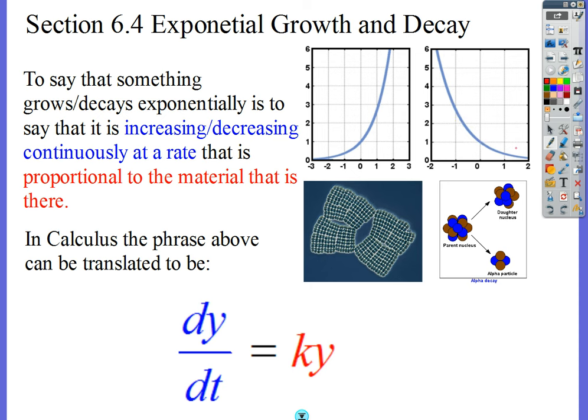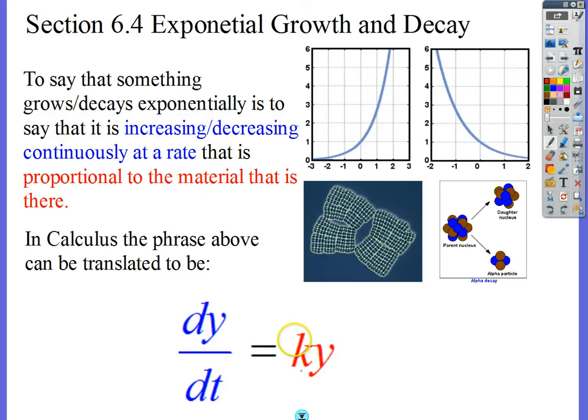So in calculus, we explain exponential growth and exponential decay as something that is increasing or decreasing continuously at a rate that is proportional to the material that is there. So my rate gets translated into dy/dt, my change in my stuff over the change in time, proportional to the material that is there.